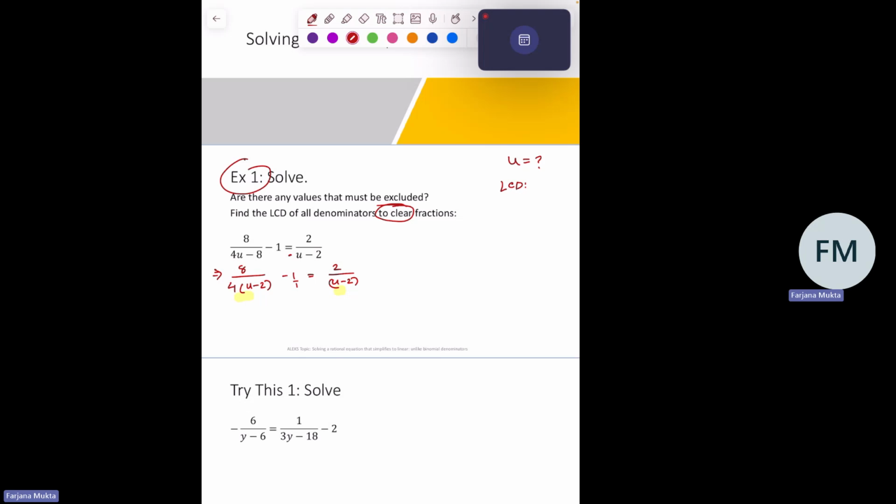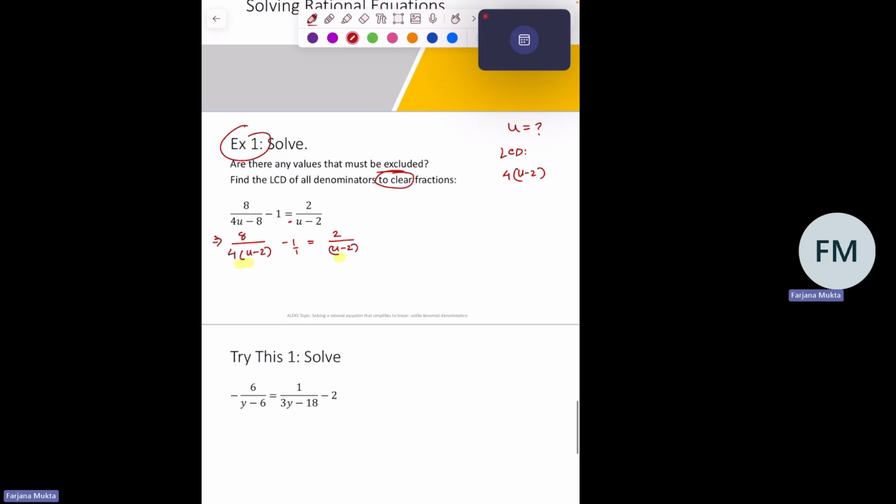The common factor for all of them is u minus 2, and then we see in each of them what is missing. We can see a 4 on the first denominator, right? And there is nothing else extra in the other denominators. So the LCD on this problem is 4 times u minus 2.